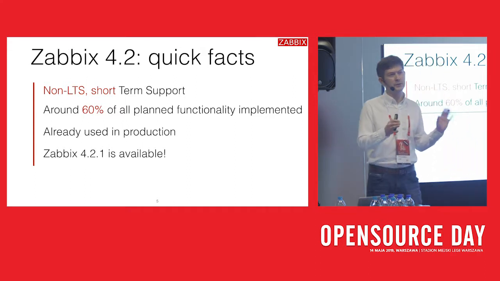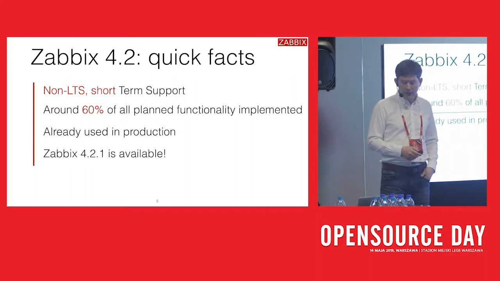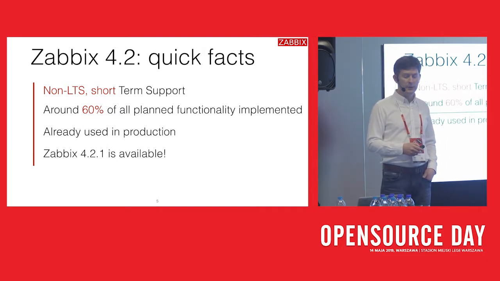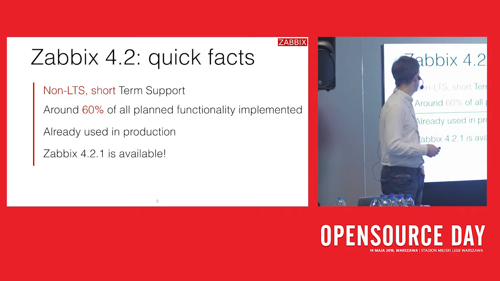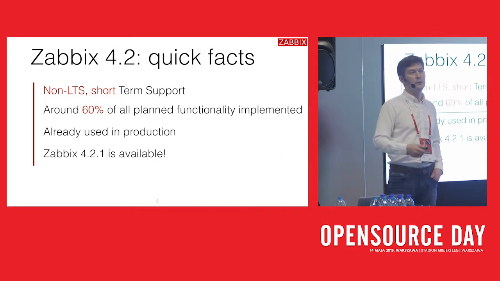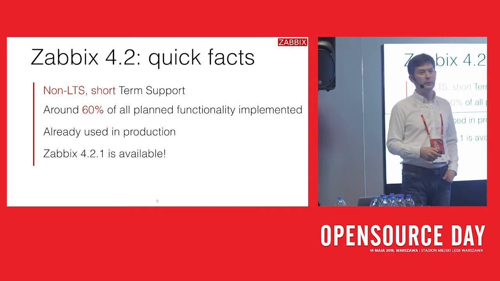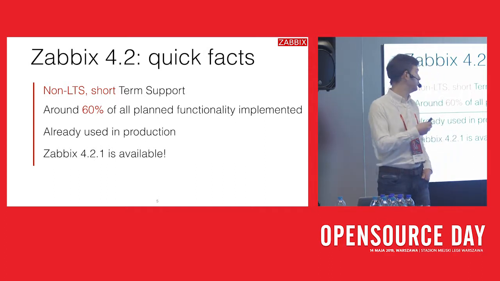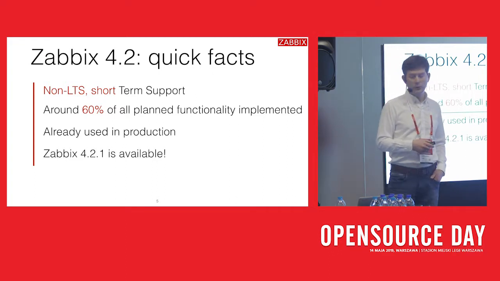Not everything was implemented yet. It's already used in production by many companies, and at this moment Zabbix 4.2.1 is available, which comes with a number of bug fixes. So if you want to migrate to Zabbix 4.2, I would strongly encourage you to use 4.2.1.